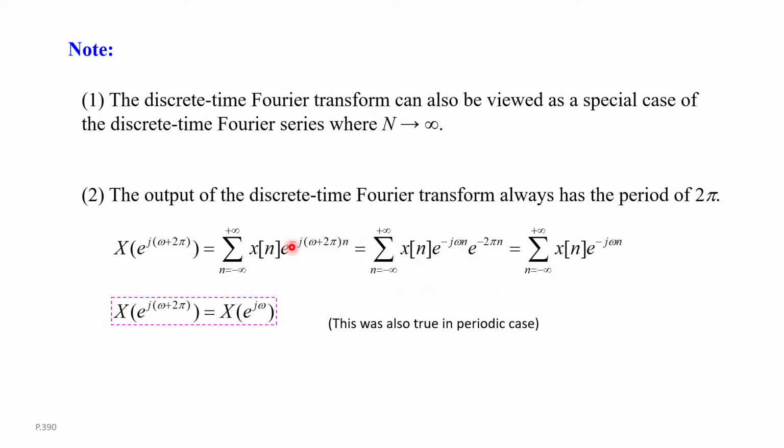Because the exponential of a sum equals the multiplication of the exponentials, and once again using e to the j 2 pi n equals 1 because n is an integer, we change it back to the original thing. So once again we derive that this spectrum big X is periodic with period 2 pi.